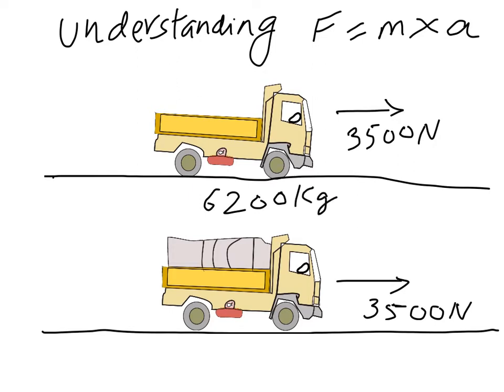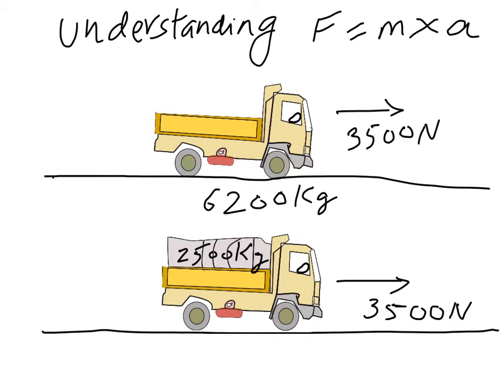Now as you can see, there is a load added to this, and the load itself is about 2500 kilograms. So this truck is much heavier, so that's 6200 plus the load, obviously.